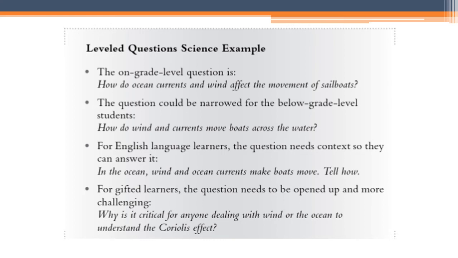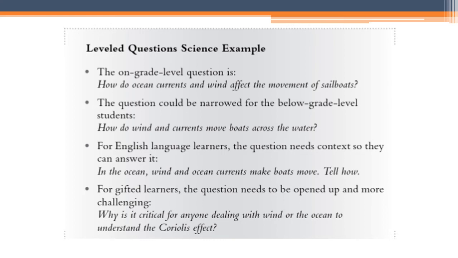So, as you can see here, the topic is all about wind and current. Wind and current is the main topic of the questions.